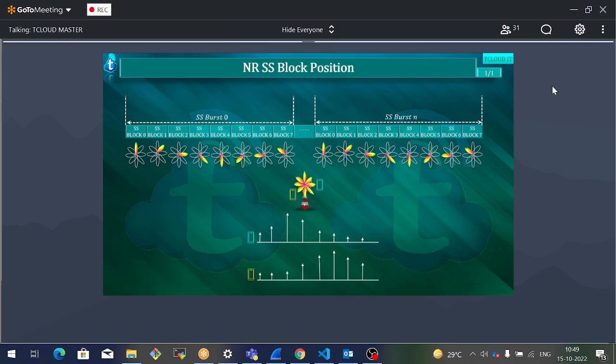For example, if you take the aqua color one and yellow color mobile phones, assuming that they are starting here, from a signal strength point of view, the signal strength of that beam is little but not too high. But this beam signal strength is good. For example, when you are reading SS block 1, you got good signal strength.